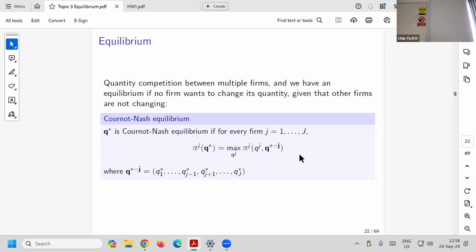There's a price adjustment: if the price is too low, firms will not produce, then supply drops and the price goes up, and so forth. This one, we don't provide any adjustment process. It's just saying that there's a certain production by each firm so that they don't change at all.